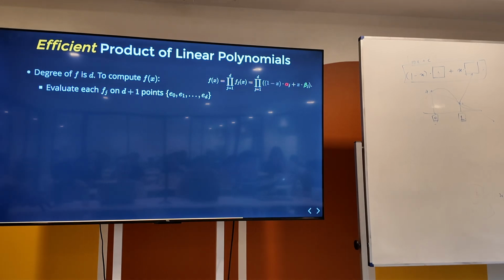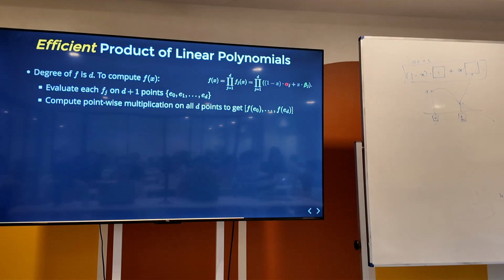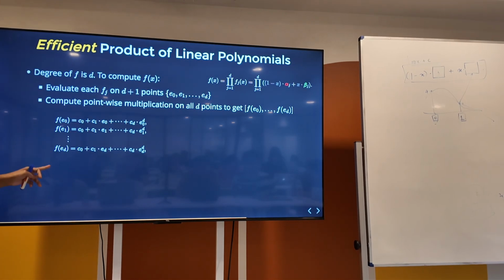For it to be efficient, you need it to be roots of unity. But in this case, there's no concept of roots of unity. So I take the simplest possible, d plus 1 points, and we just compute point-wise multiplication, right? So I evaluate all these polynomials on d plus 1 points.